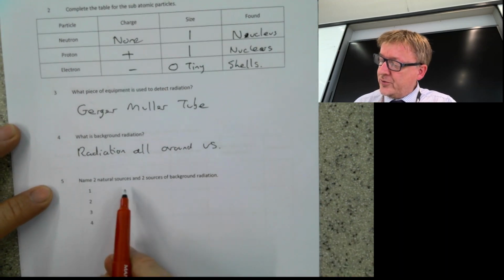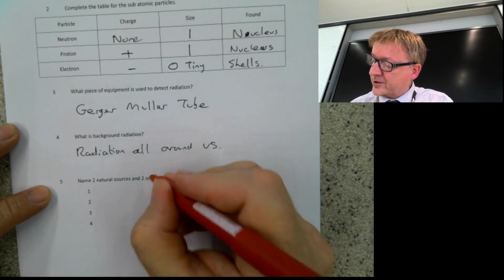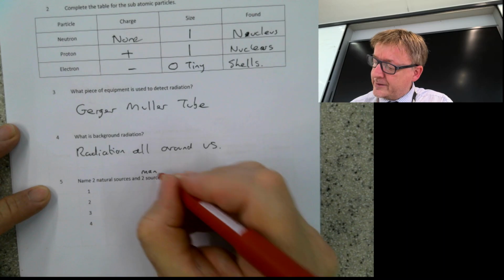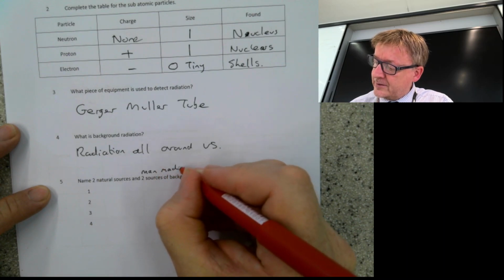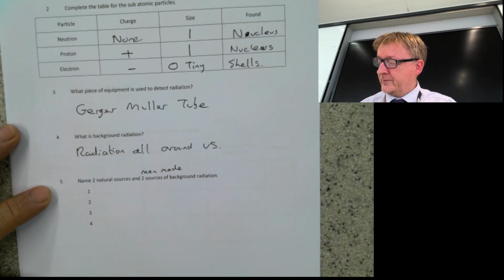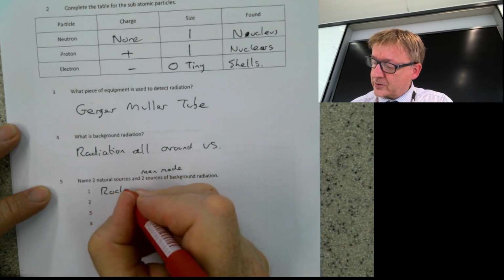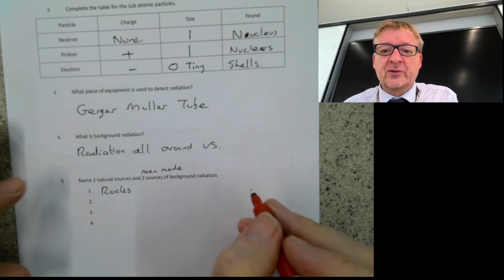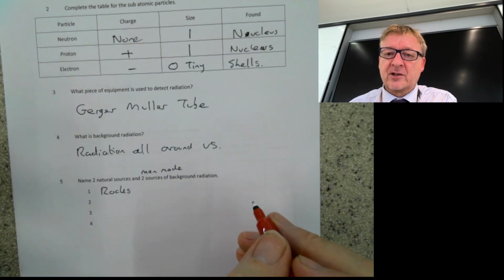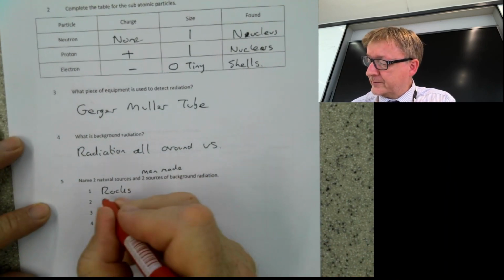Here, name 2 natural sources and 2 man-made sources of background radiation. So 2 natural sources could be rocks. If you go to places in Scotland, where they've got granite, there's large amounts of background radiation.